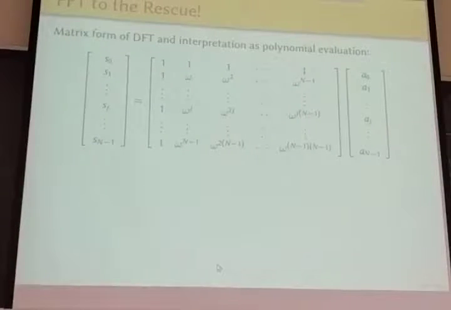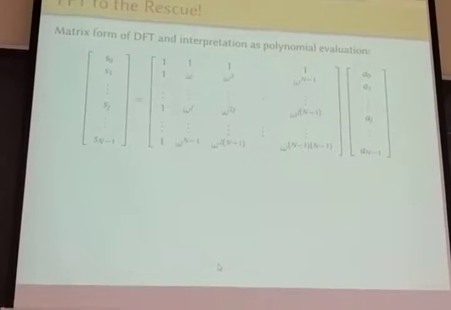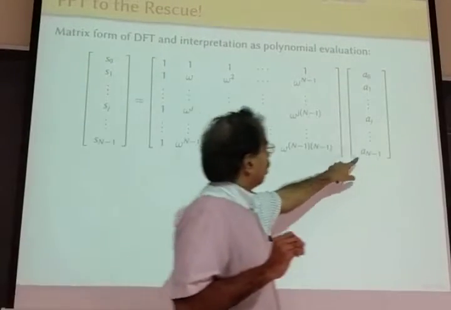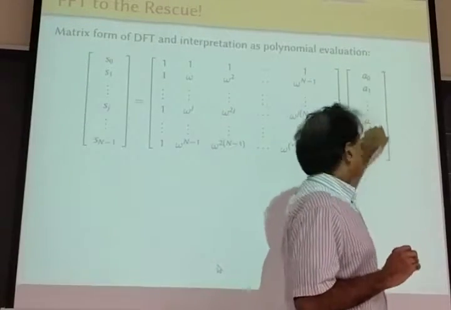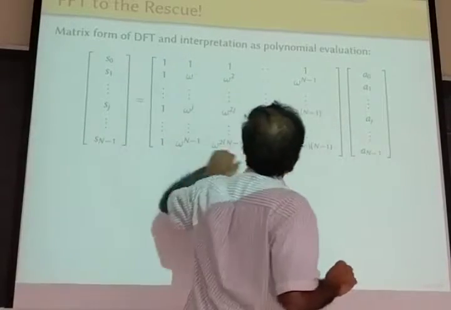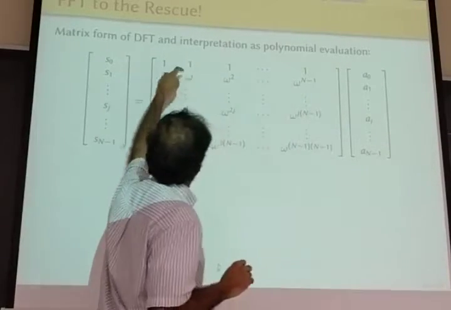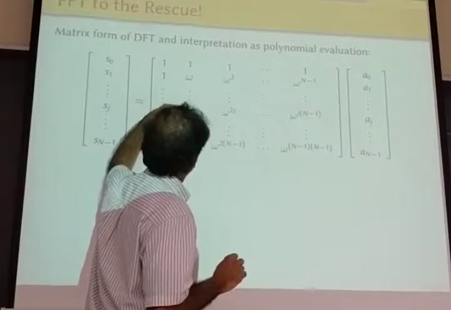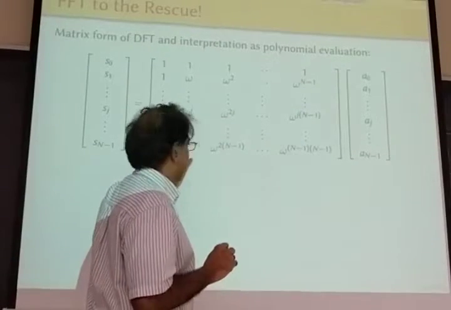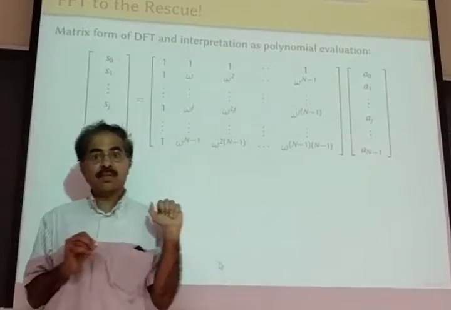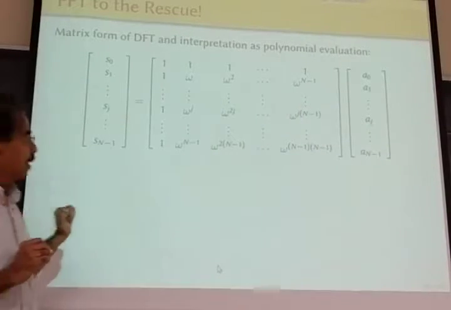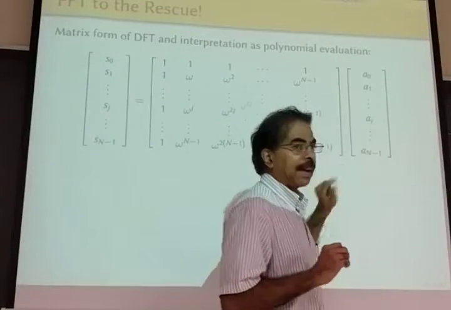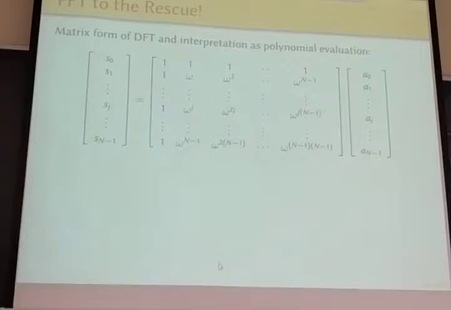Okay, so we do that, but otherwise the matrix representation is basically the same, right? You have the same coefficients right here, and you evaluate at these points, which are omega, omega square, omega cube, and omega power n minus 1, where omega is the nth root of unity. Okay, where n is the capital N root of unity that we're talking about.